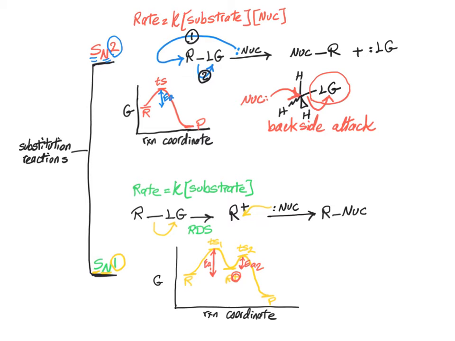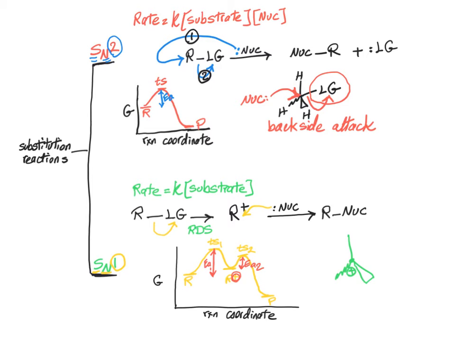In the SN1 reaction, first the carbocation forms, and carbocations are planar. So here we have a carbocation. The hybridization of the carbon with positive charge is sp2, so it is planar.